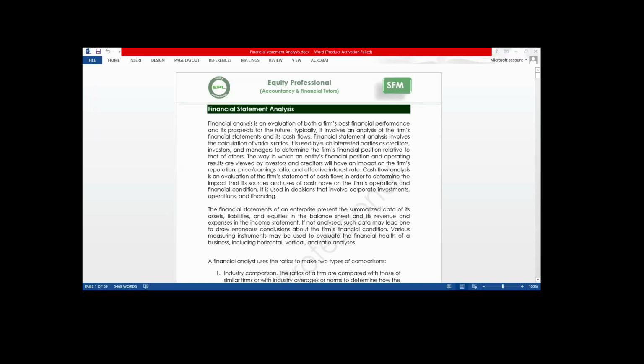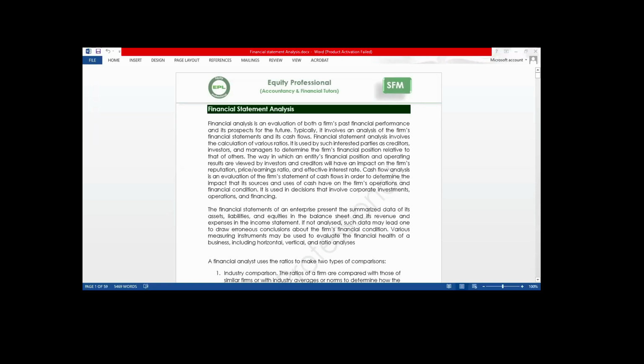There are three ways, please note this point. There are three ways an examiner can test a question on financial statement analysis, three scenarios that could be created when it comes to financial statement analysis.